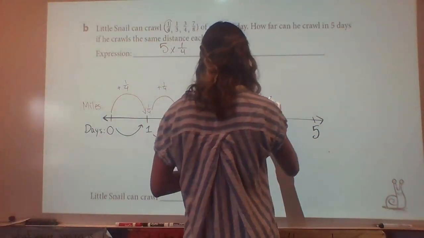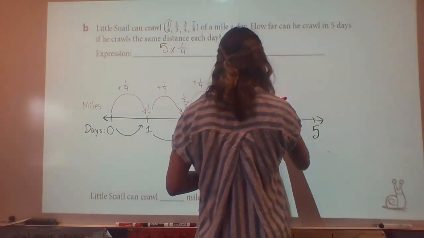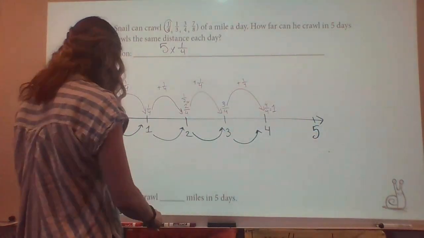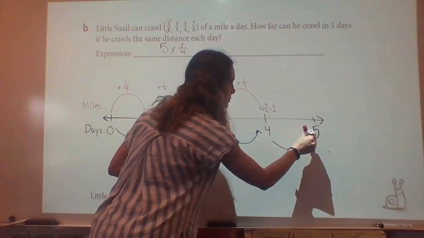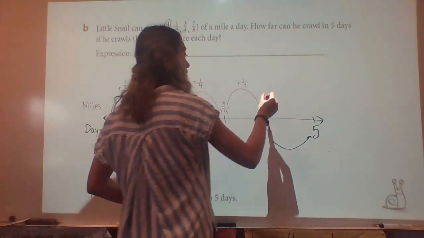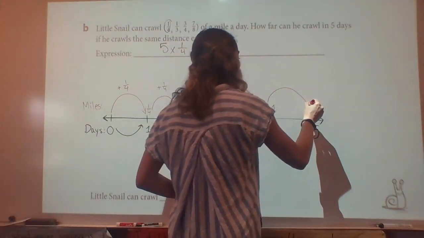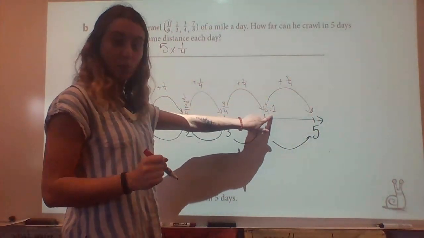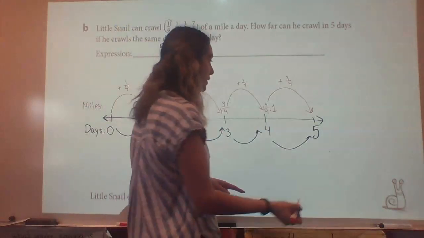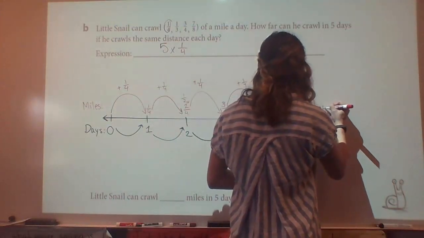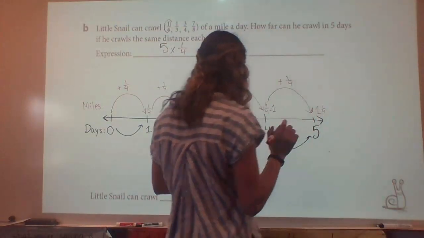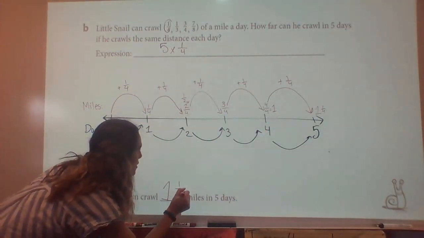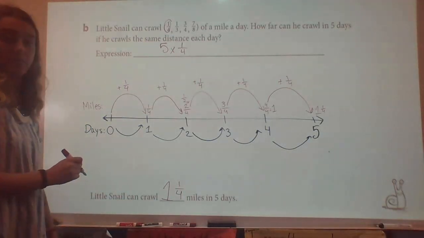So I'm going to put 4/4 equals 1 whole mile. And then I know on the last day, he goes another 1/4. And if I'm adding my 1/4 to my 1 whole mile here, I end up with 1 and 1/4 mile. So overall, he went 1 and 1/4 miles in 5 days.